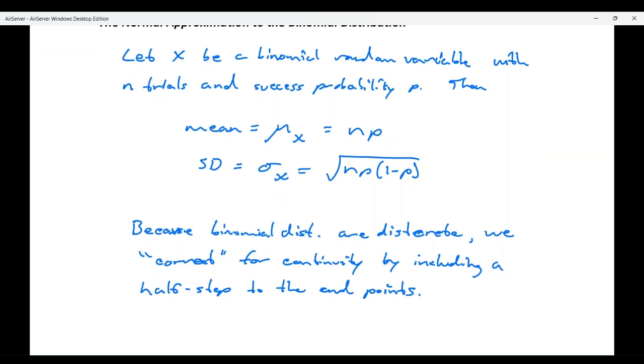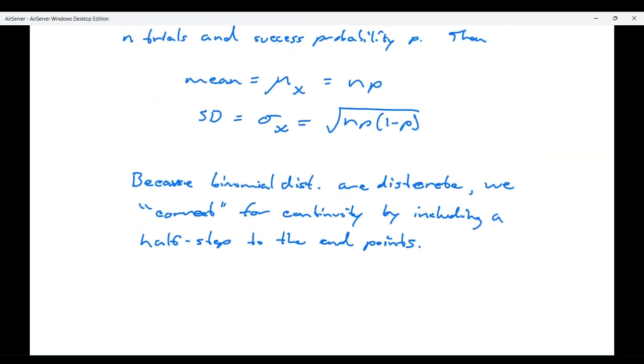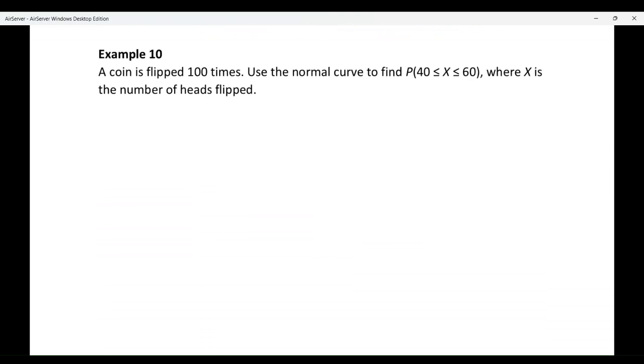But let's go right into an example. This will actually be our last example for this lesson, and I'm going to use it to explain that last part about what I mean by correcting for continuity. All right, so a coin is flipped 100 times. We're going back to our old trusty coin flipping examples. And we're going to use the normal curve to find the probability of getting between 40 and 60 heads.